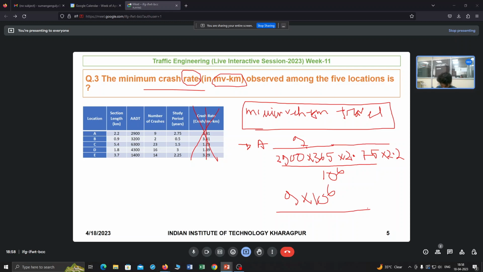Okay, wait, let me do it one by one because it's a normal calculator, so it may not be able to calculate that much. So 9 by 6.403 is coming out to 1.405.